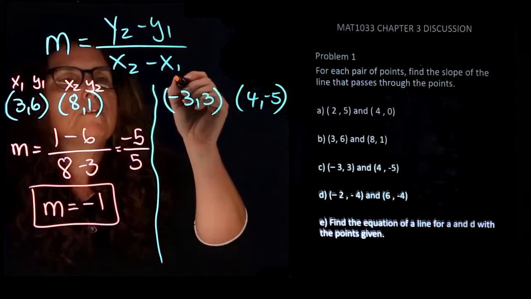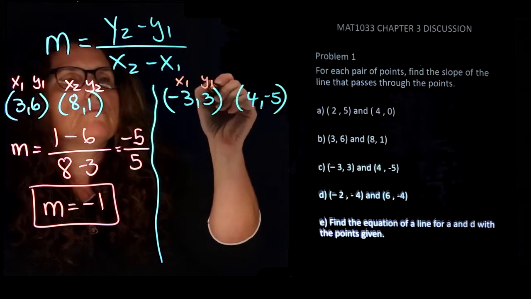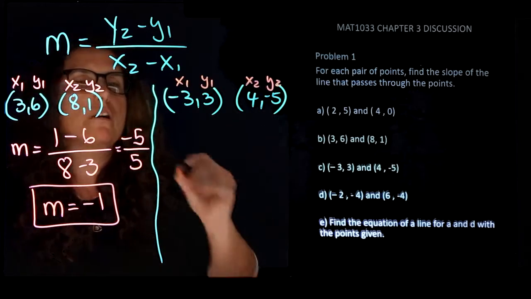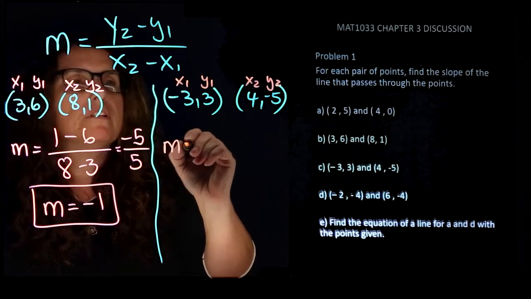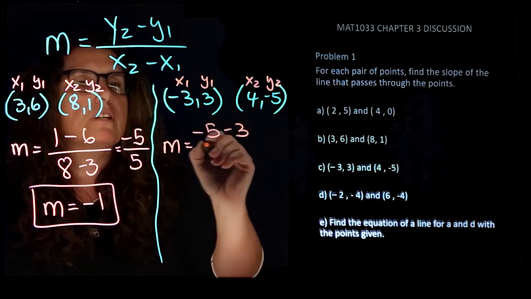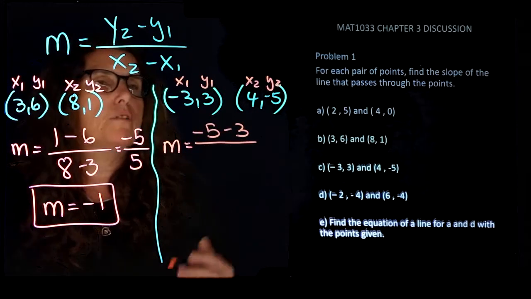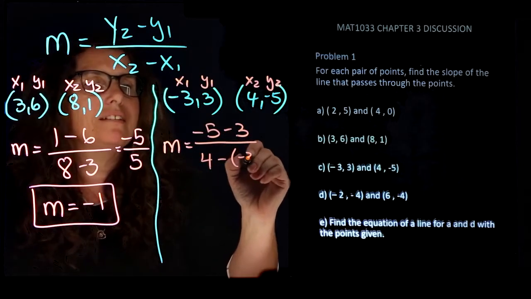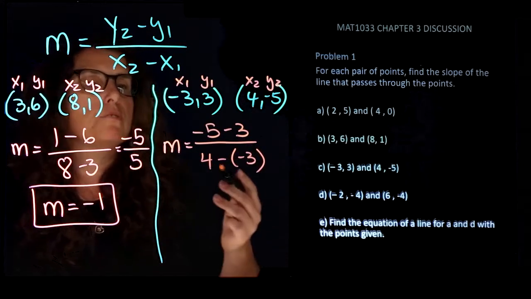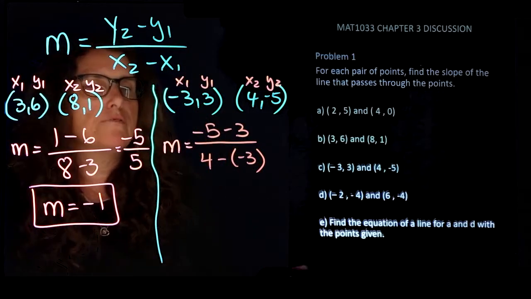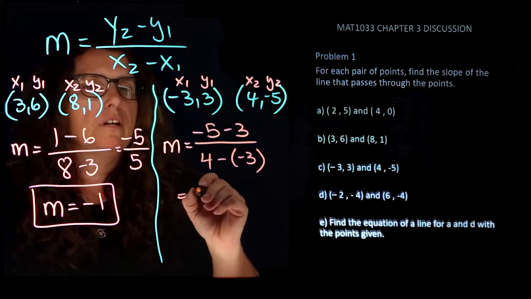For the other problem, let me label them. y2 is negative 5, m equals negative 5 minus 3 divided by, be careful about signs, 4 minus a negative 3. So the minus comes from our formula, and x1 itself is negative 3.